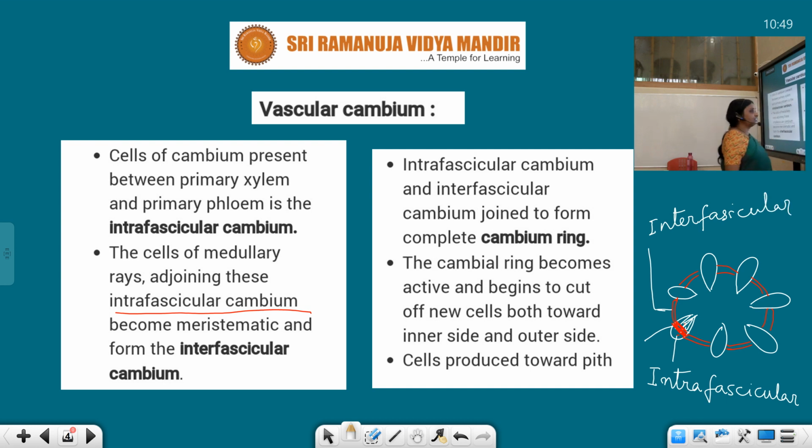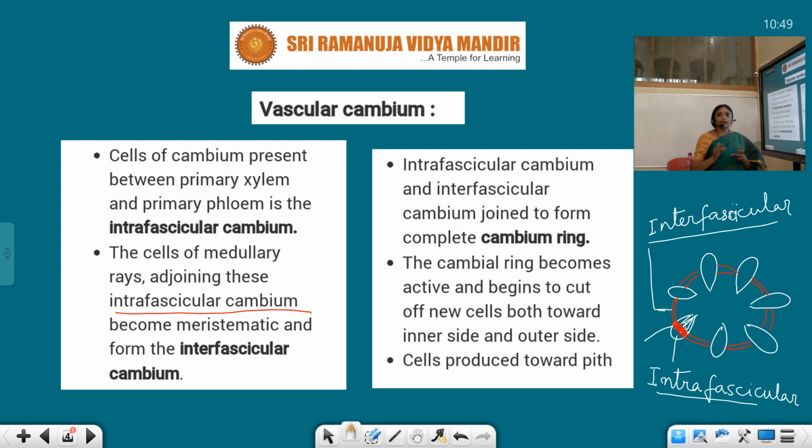So this is the difference between intrafascicular and interfascicular. The cambium present in between two bundles is interfascicular, and the cambium present in the bundle in between xylem and phloem is intrafascicular.